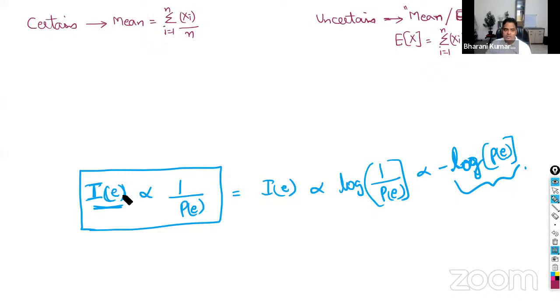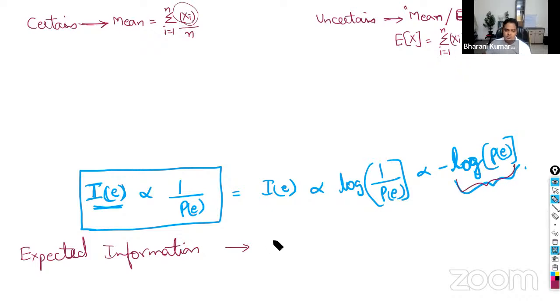On similar lines, you have information content, right? So when the values are certain, this is what you get. But if you want the expected information content, then the formula would be like this. Here you're multiplying this with probability.